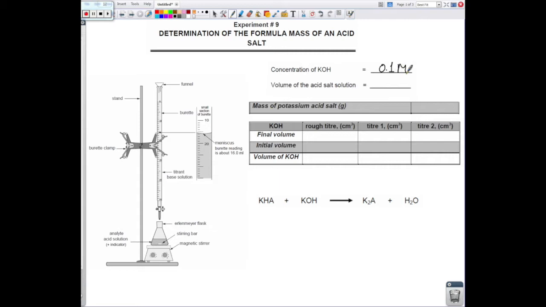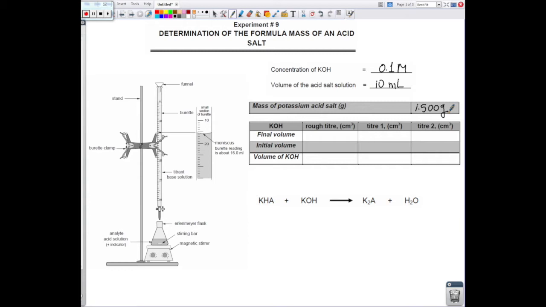The volume of the acid salt solution, not the volume that you prepared, is the volume that you used for titration. It's 10 milliliter. Now the mass of potassium acid salt, that's going to be the mass you have weighed. So it's going to be around 1.5. You put your exact mass.